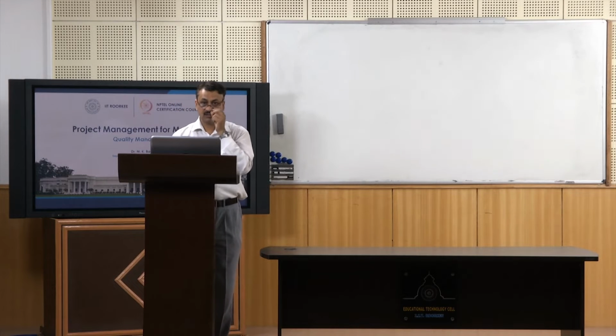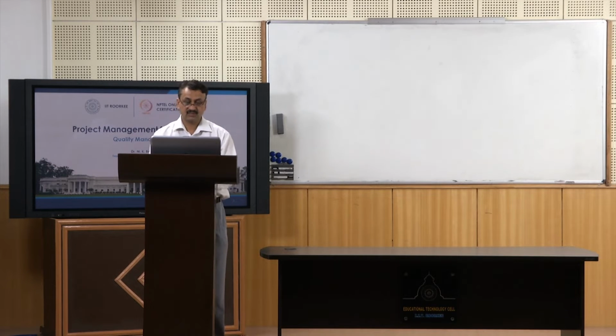So, if you are operating at 3 sigma level quality and you produce 100 products, then out of 100 products 99.73 products would be conforming, right, would be right products.